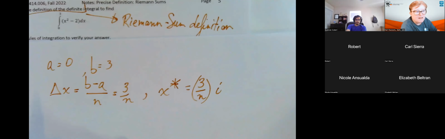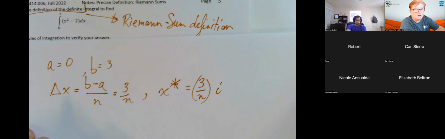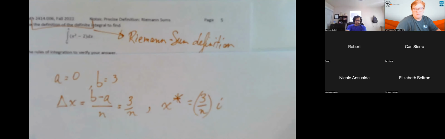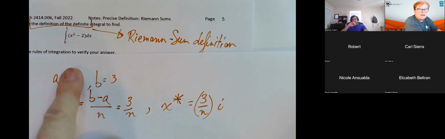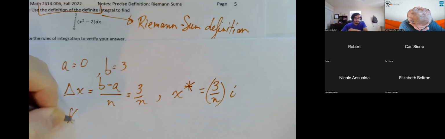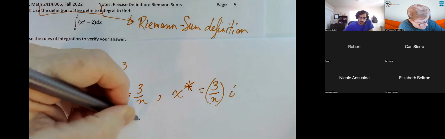So we're plugging 3 over n times i into our function, and our function is x squared minus 2. So let's write that. f of x is equal to x squared minus 2.